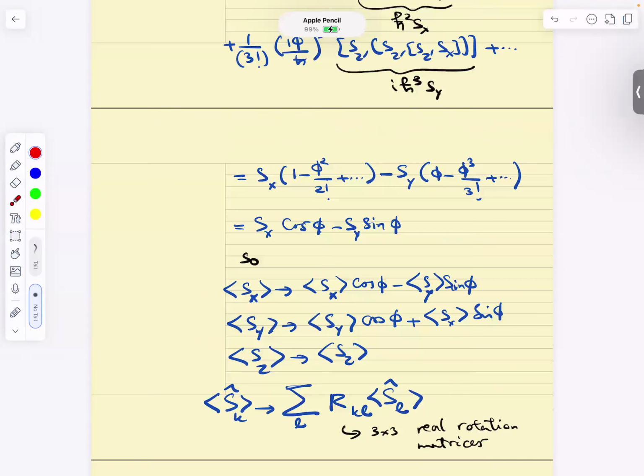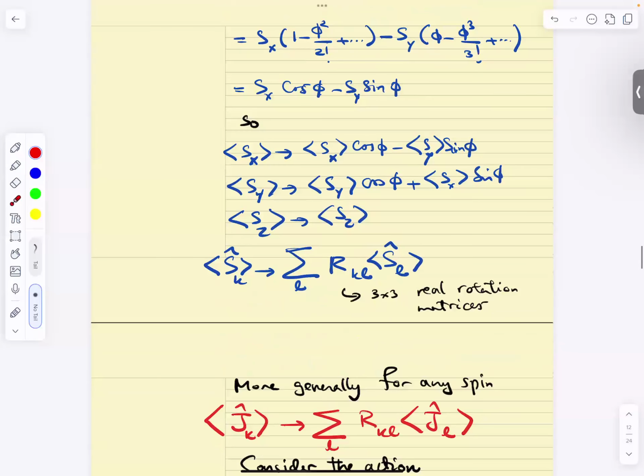It means the following: if I look at the expectation value of Sx, the expectation value of Sy, the expectation value of Sz, what they've done to it is a rotation. This is what I've done to it.